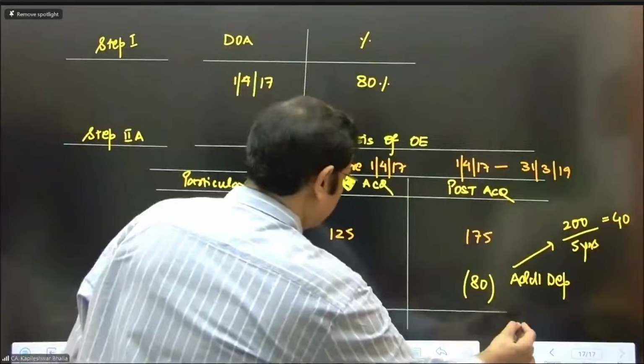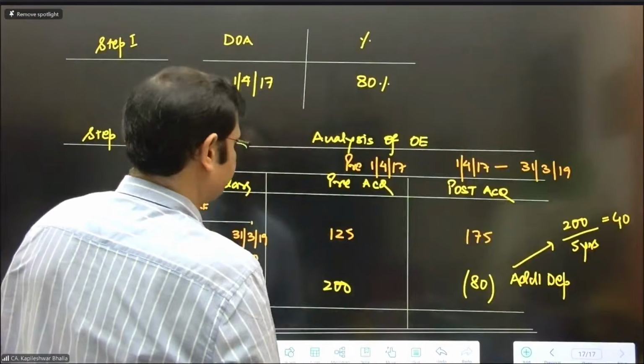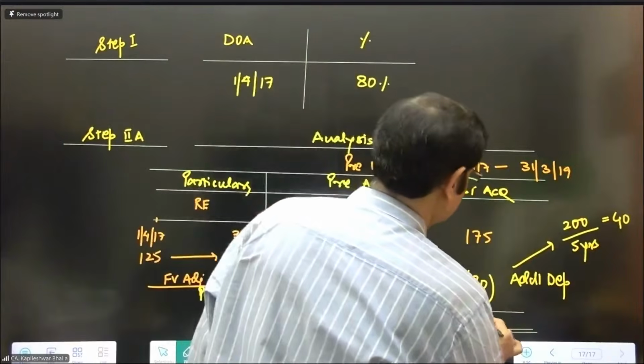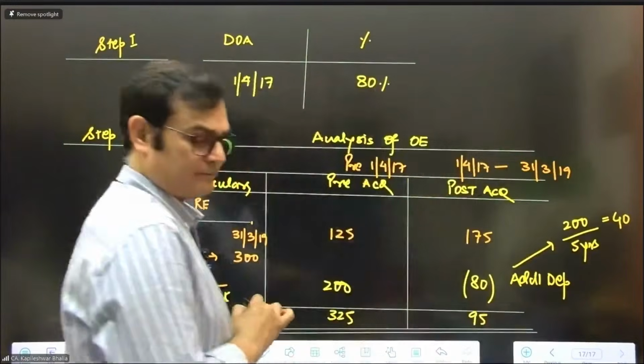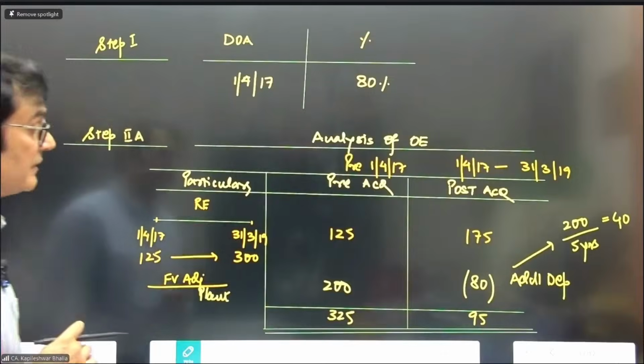So let's get the pre and the post-acquisition figures. That's 325 and that's, I guess, 95. Right, so I think this information is done. So we have now got step number 2A. We can proceed to step number 2B.